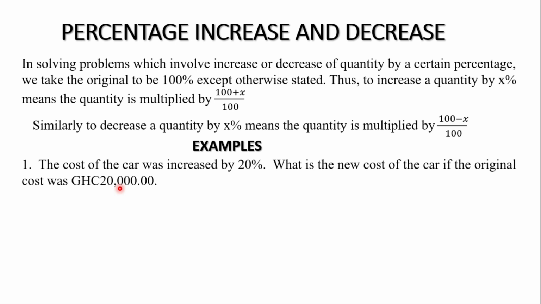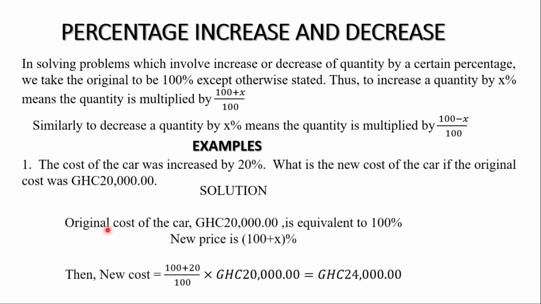Now the cost of the car has been increased by 20%. So it means that we are going to add this 20% to the 100%, which is the original cost of the car, just as 100 plus x, and x here is 20%, all over 100. And now we multiply it by the quantity, and the quantity here is 20,000 Ghana cedis.